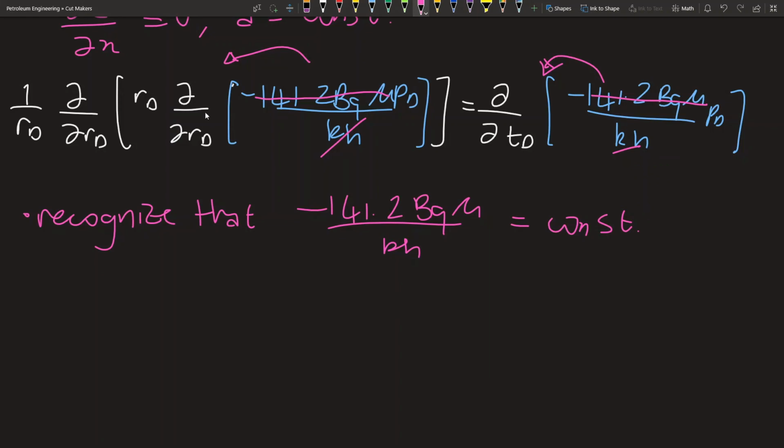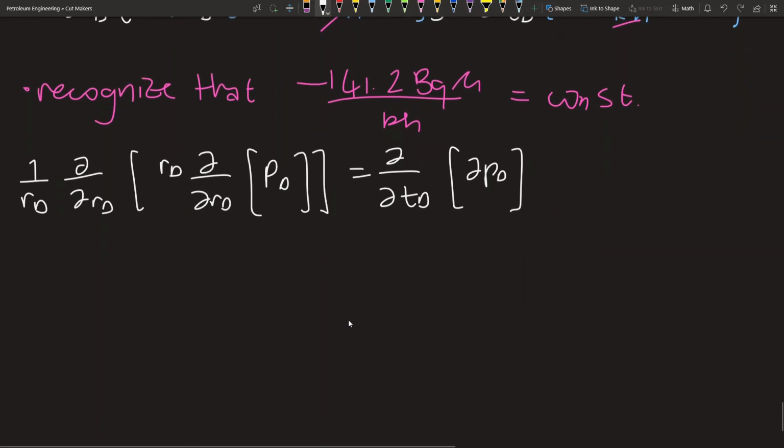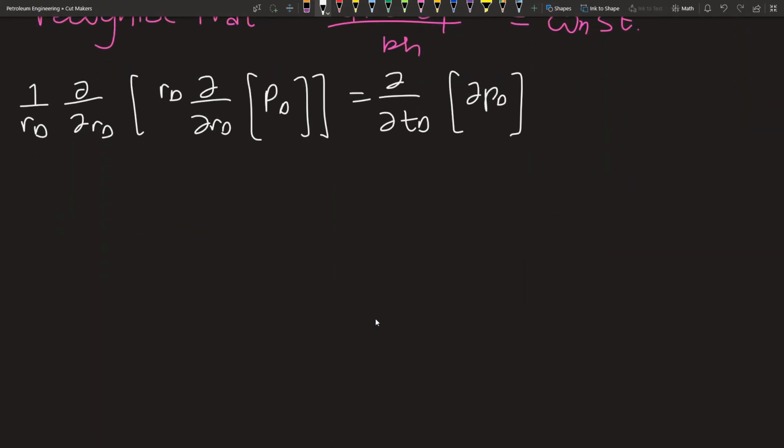Now here we're actually taking it out of two derivative terms, but it's exactly the same thing. I'm not going to show that. It should be simple to recognize. It should be trivial. So we can rewrite everything as 1 over R sub D times dou over dou R sub D of R sub D dou P sub D over dou R sub D is equal to dou P sub D over dou T sub D. And that is the dimensionless diffusivity equation.